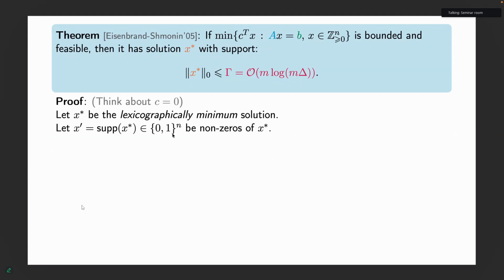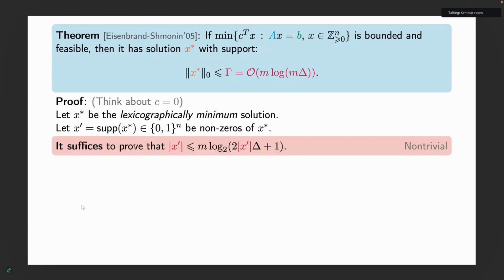That's the definition of support. And with some non-trivial math, I claim that it's enough to prove something like that. If you prove something like that, then you will iterate this procedure and get this bound. It's a technical annoying detail, but it will be enough to, in fact, prove this.